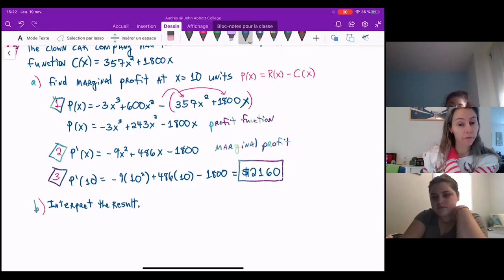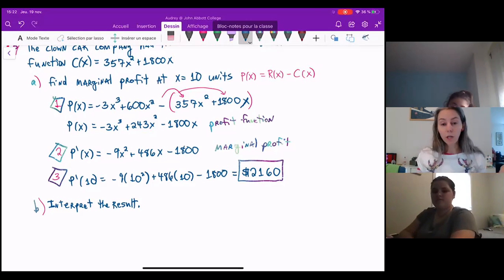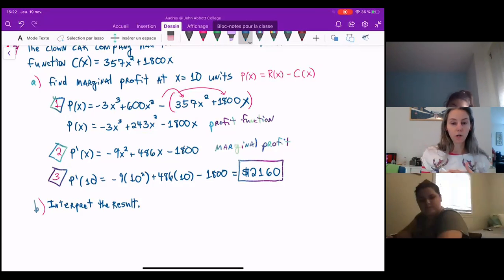It's the marginal profit. So what is marginal profit telling me? You got it, Gwen, exactly. So it's not even just saying if I make one more unit, profit will increase by 2,160.